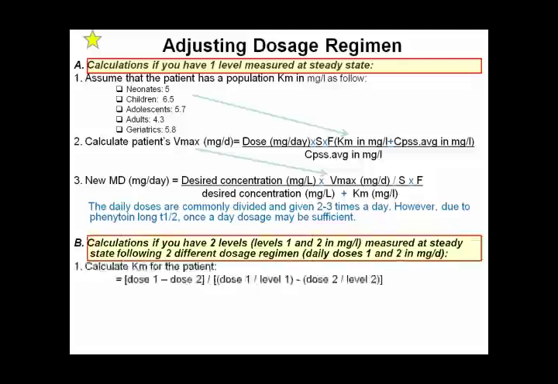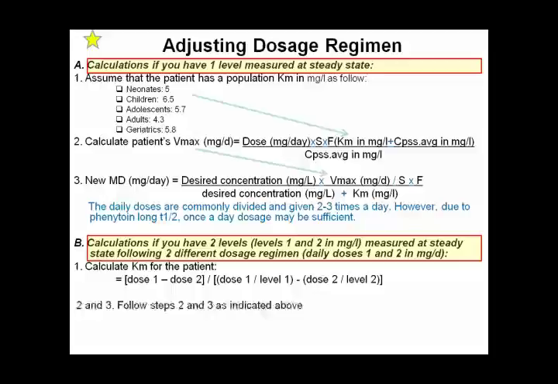In this case, first step, you calculate Km for the patient from the equation provided here. So in this case, we don't use the population Km. We try to estimate a better Km for that patient based on the two doses that the patient received and the two levels that the patient expressed.